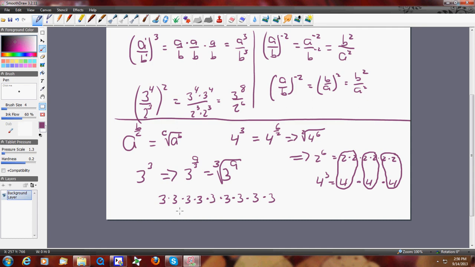And if you remember from your pre-algebra class, the cubed root means that we can break these into 3 equal groups. So I have 9 numbers. The cubed root would be the value of whatever one of these groups equals. 3 times 3 times 3 is 9, times 3 is 27. 3 cubed is, in fact, 27.